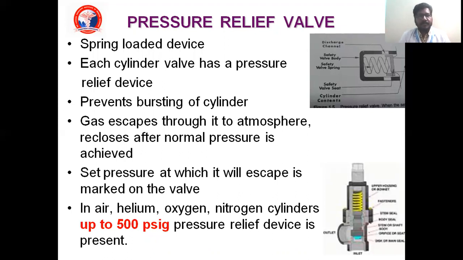It is a spring-loaded device. Each cylinder valve has a pressure relief device, and it prevents bursting of the cylinder. Gas escapes through it to the atmosphere and it recloses after normal pressure is achieved. The set pressure at which it will escape is marked on the valve. In air, helium, oxygen and nitrogen cylinders up to 500 psig, a pressure relief valve is present.